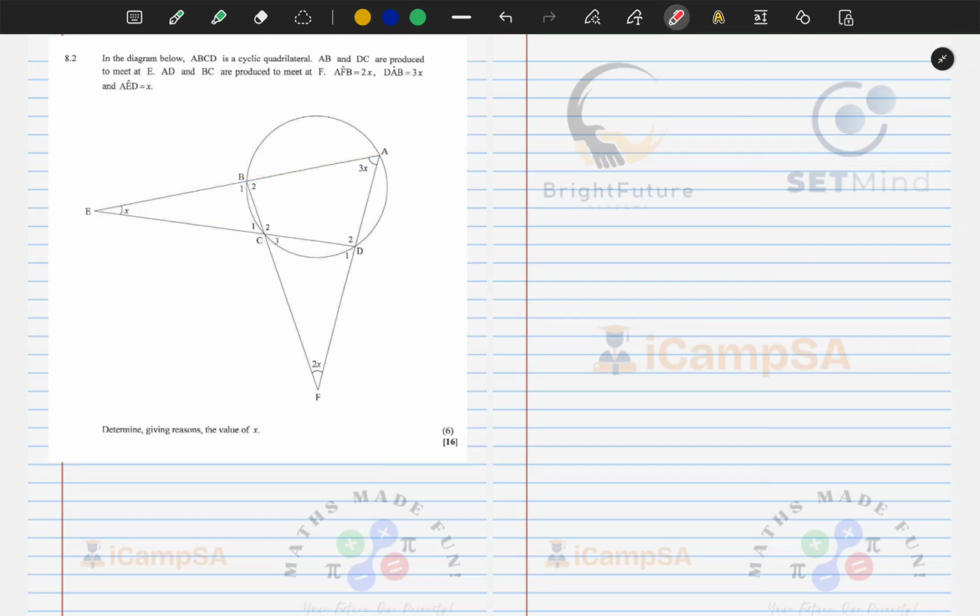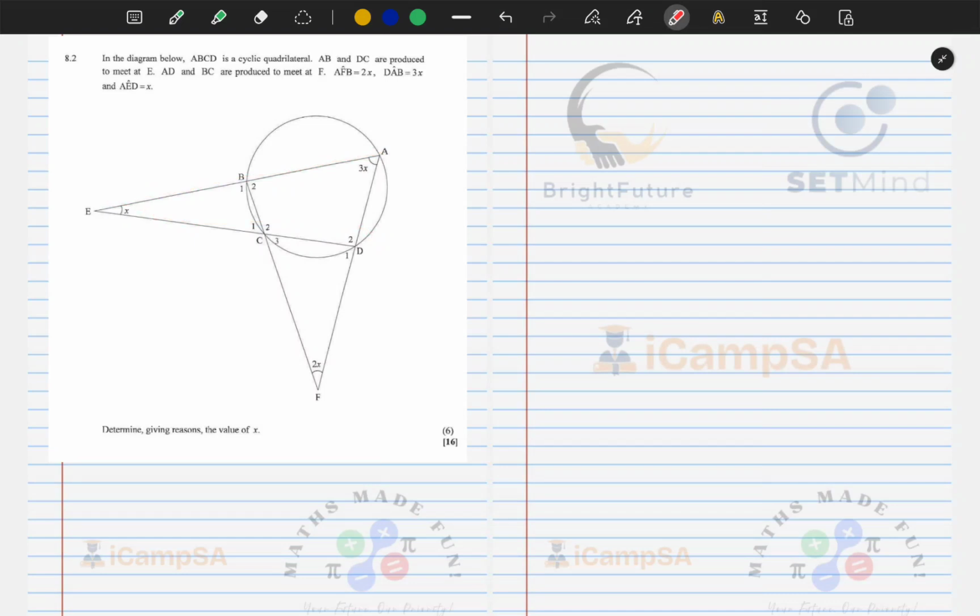In that way, the x will be able to cancel, and then we'll be able to solve. So you must take that into your mind. Something needs to be equal to something, and both of those things need to have a value of x. Already our angles are given in terms of x, so we should be able to do that. So let's see how we can approach that.